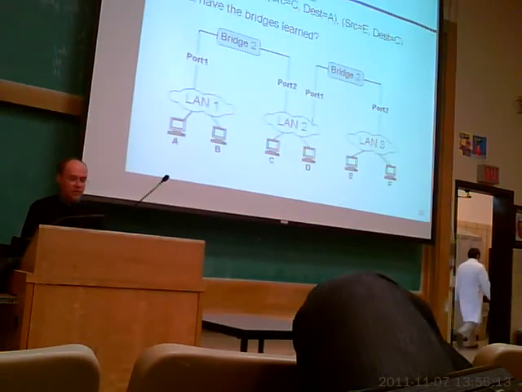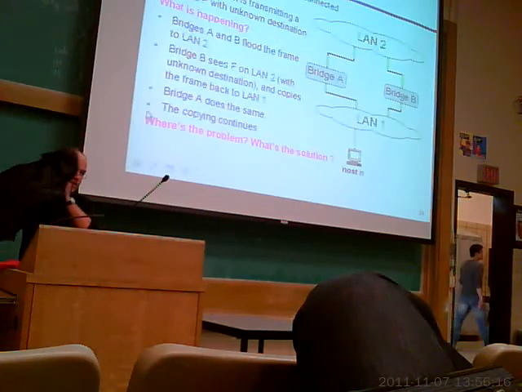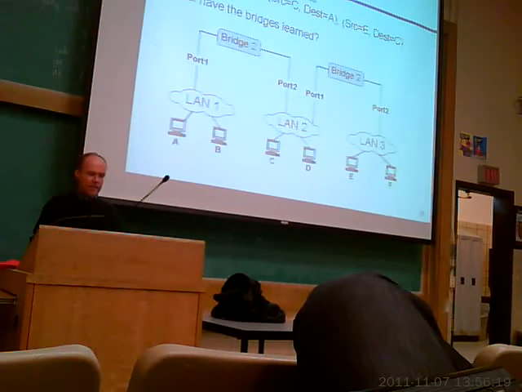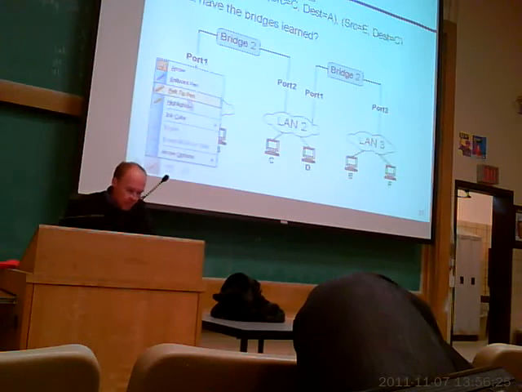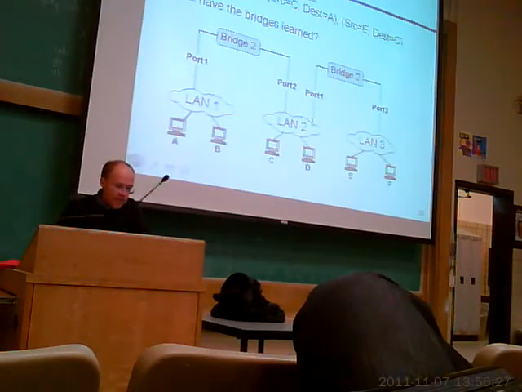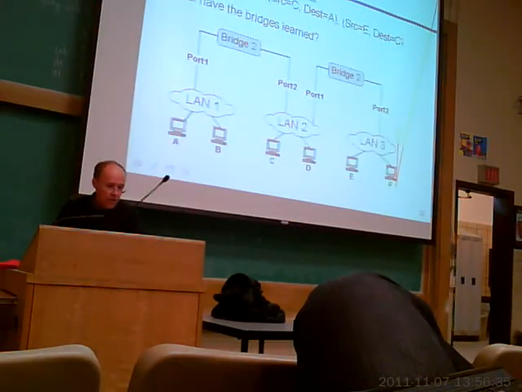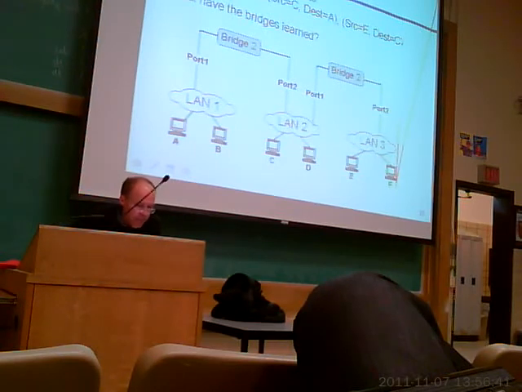So I have an example here, but it's a little bit difficult to do this. We have 3 packets from A to F, from C to A, and from E to C. And just to see how quick this learning algorithm works.